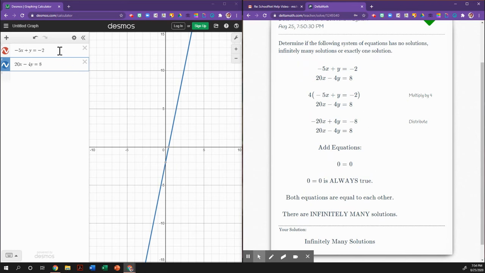Now let's just look at tables. If anyone were to ask you about the table, you cannot switch it into a table unless you solve for y. So that is going to be the only part that is not that great. But if I click done, y equals 5x minus 2.